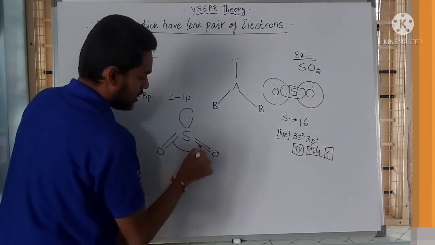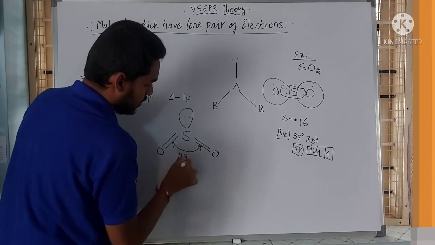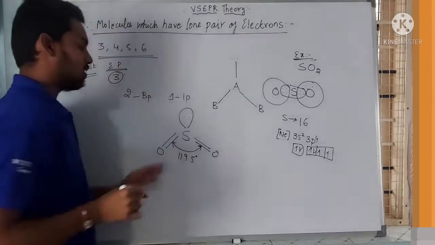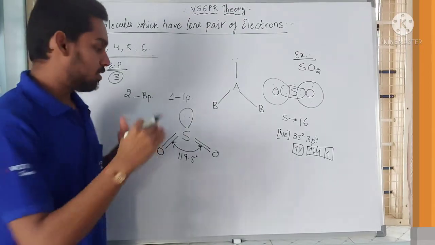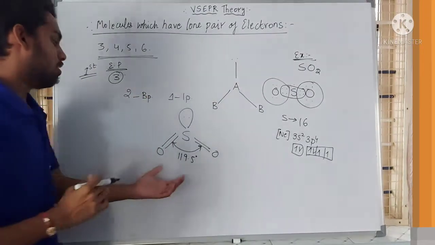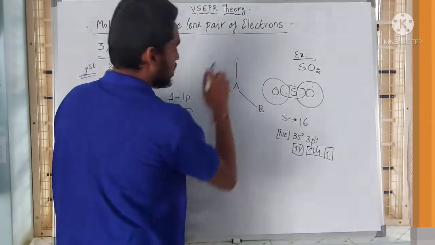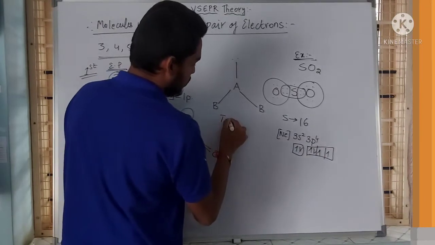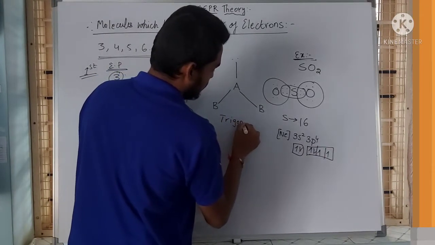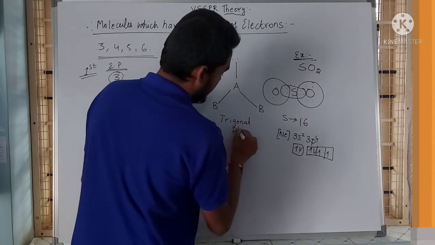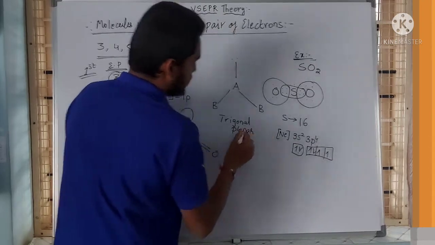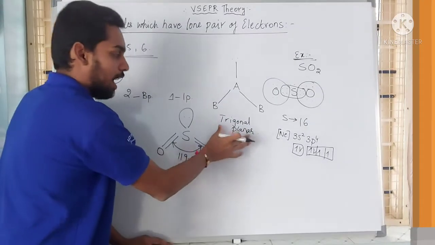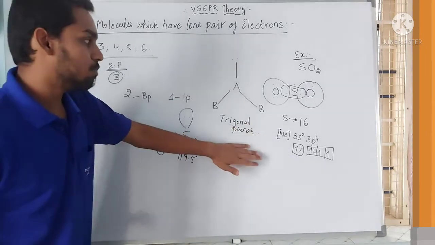The bond angle is 119.5 degrees. So you can see that it is not linear, it is bent. So you can say it is a bent structure. If you look at this structure, it is trigonal planar. I wrote this using the arrangement of electrons.